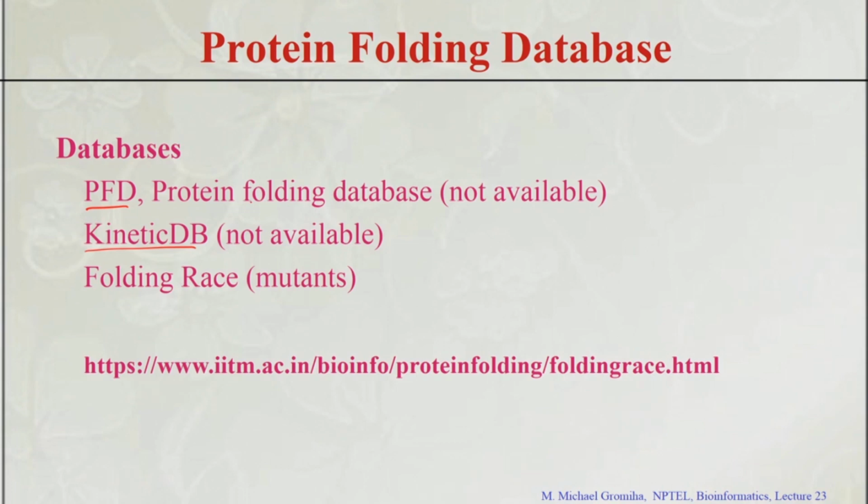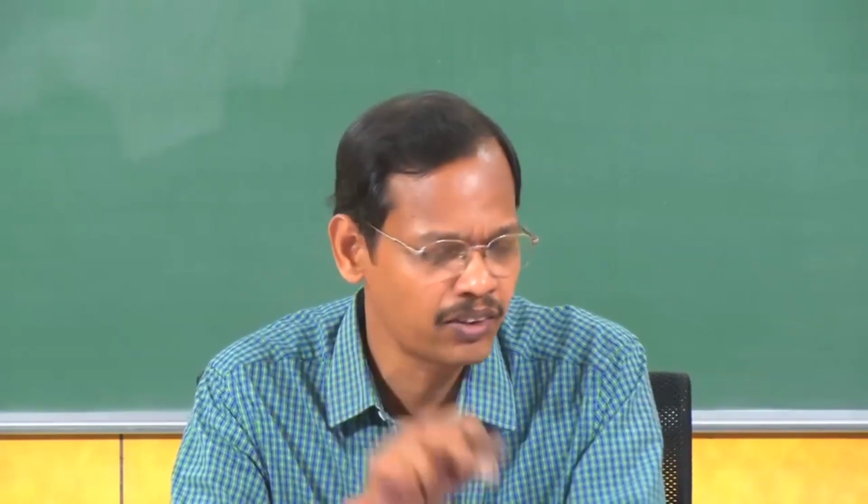For the folding database they tried to establish it using a collaboration among different experimentalists. They assigned different proteins to different experimentalists to get the data at the same concentrations, and then they compiled all the data and developed this database.